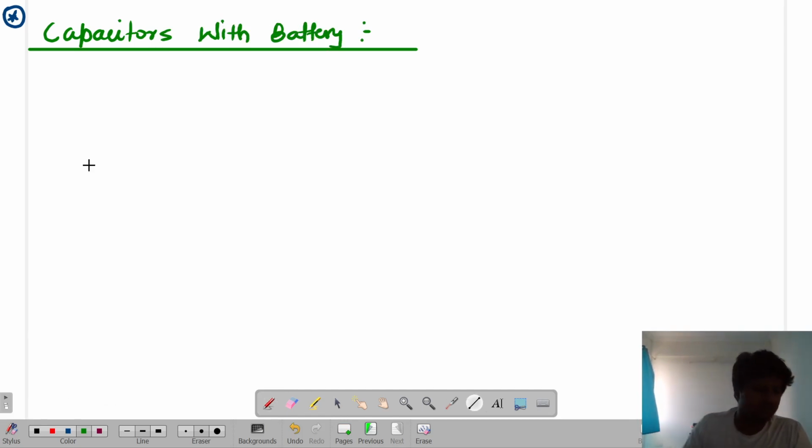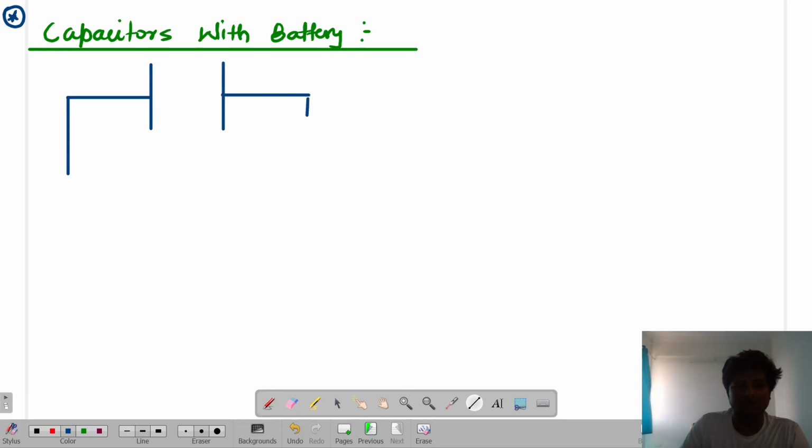So now look over here. Let's suppose I have any kind of capacitor. I'll draw it a little bit big so that it's understood in a better sense. Connect that with a battery. Got it or not?